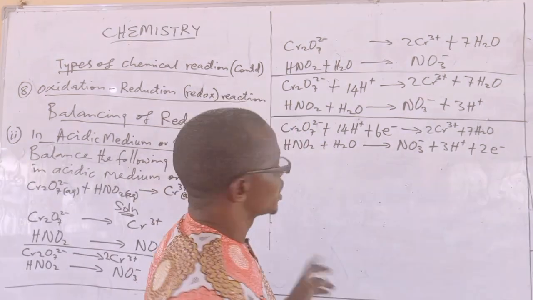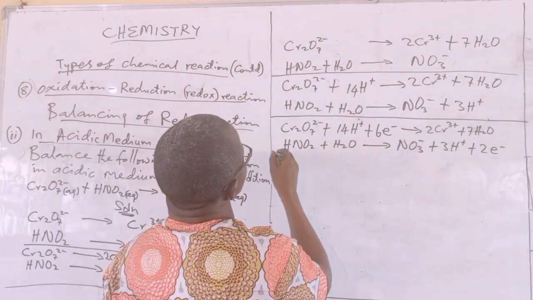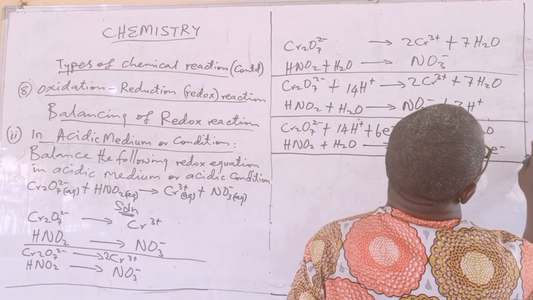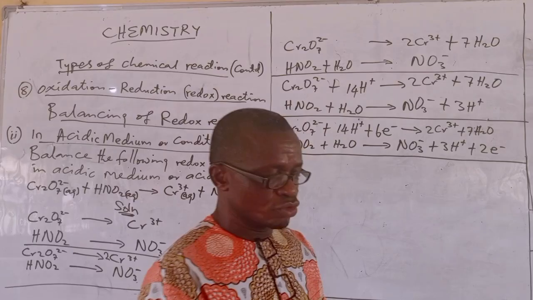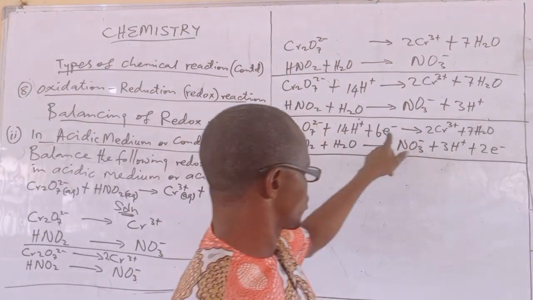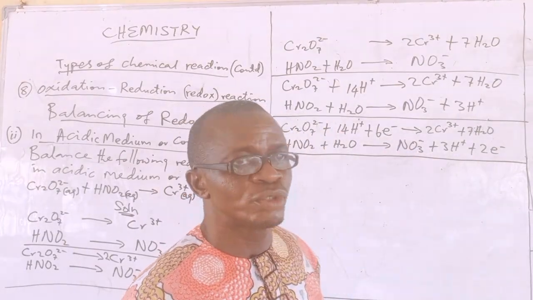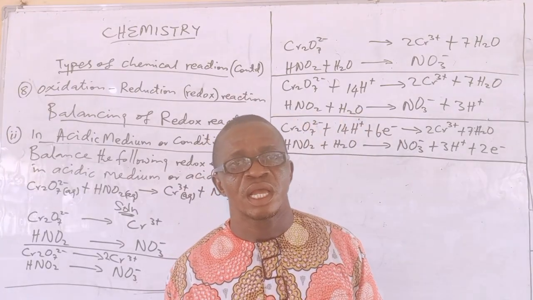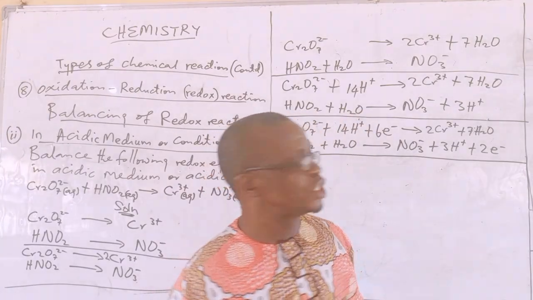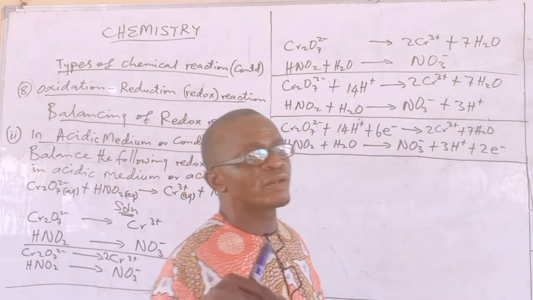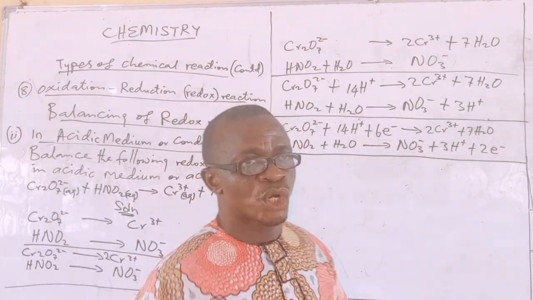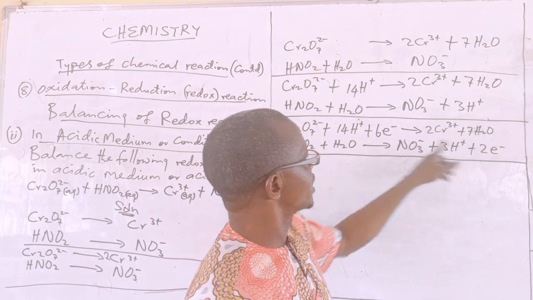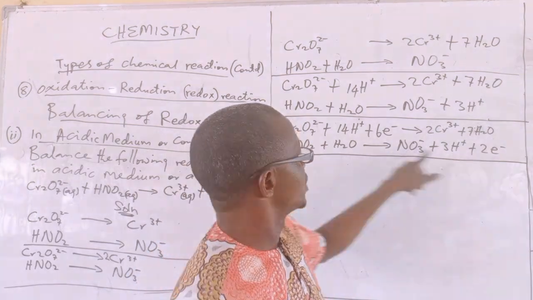Okay, now the next step is for you to scale the equation so that the number of electrons e minus that you have here will be equal to that of this. What do we do? We did something similar in balancing in neutral medium by multiplying the whole equation with a number that will make this value the same with this.